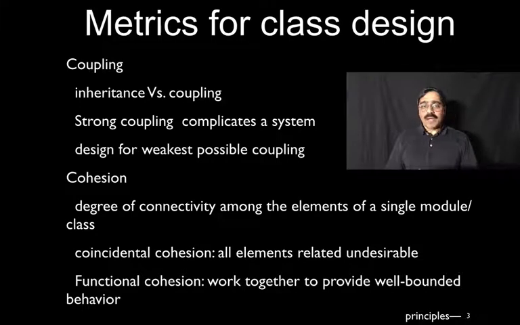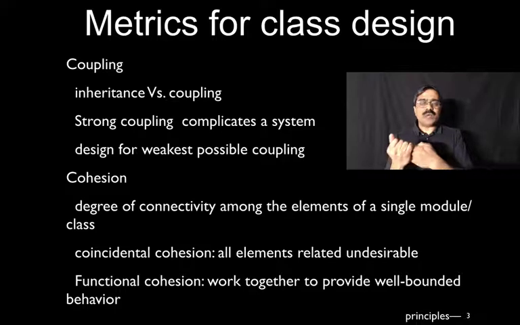strong coupling. Given a dependency on a concrete class versus a dependency on an interface, a dependency on an interface is a lot better than a dependency on a class because it's a loose coupling when it comes to depending on an interface. Now, why is that? If you depend on a concrete class, you cannot really vary that abstraction or implementation because it is concrete.